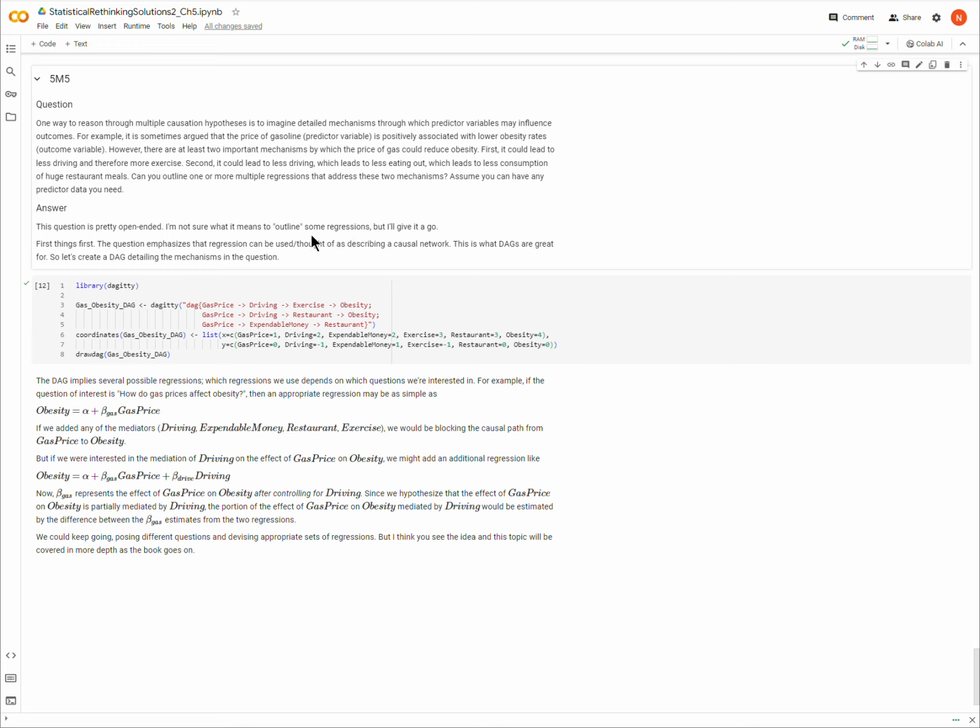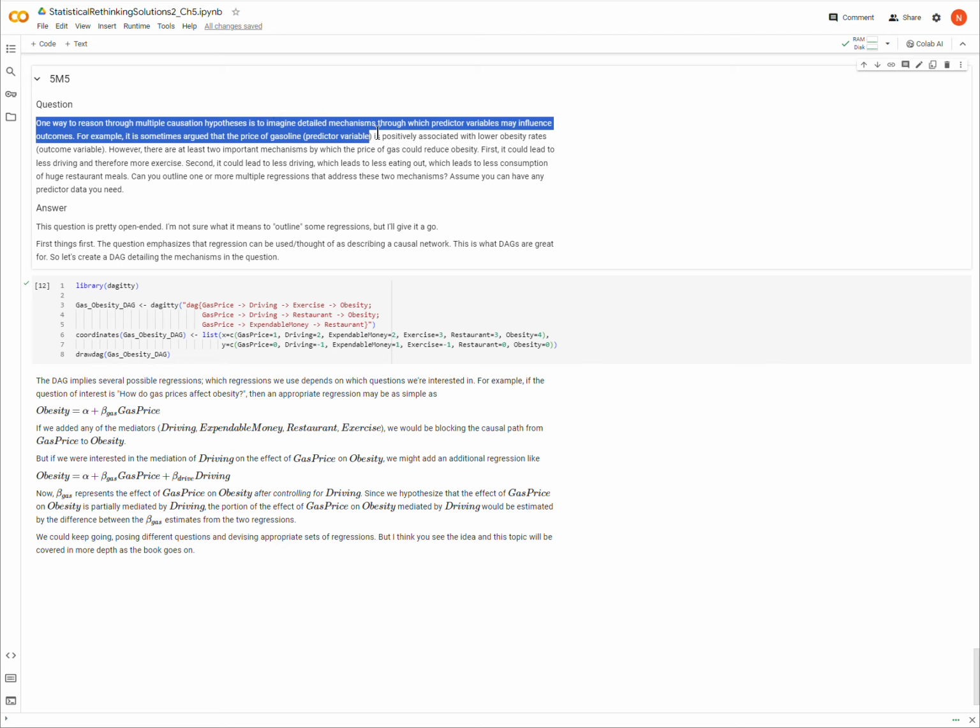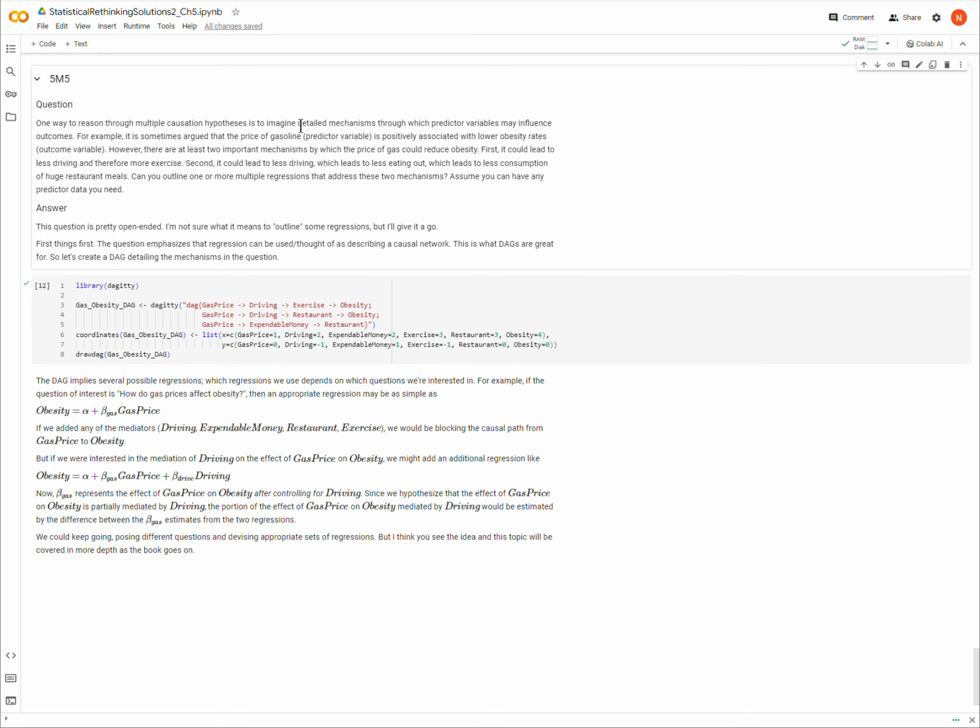So when I think about regressions and how I want to build a regression, I tend to think about causal mechanisms, largely because I have a background in science where you're trying to learn mechanisms, and this question even softly urges us to think about causes, detailed mechanisms by which predictor variables influence the outcomes. In other words, how do these predictors cause the outcome?